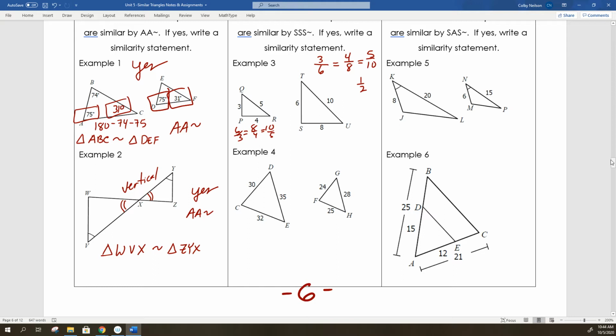And so you just choose which way you want to compare them. Either way, we get the same ratio throughout. And so yes, this one, side, side, side similarity. My statement would be, if I say QPR, then I have to say TSU. Okay. The bottom one.